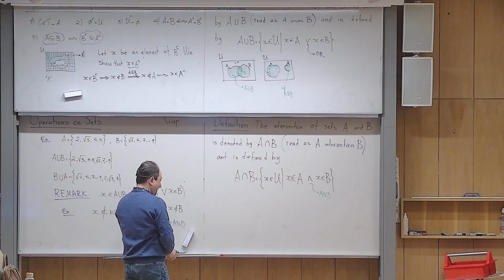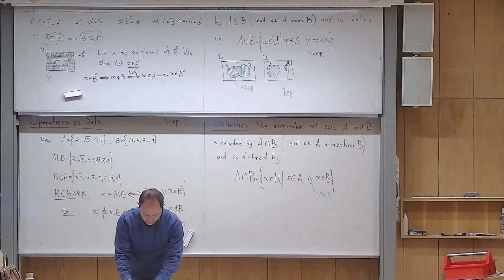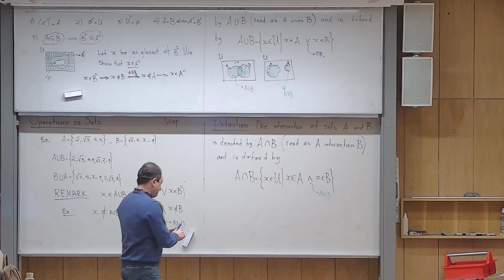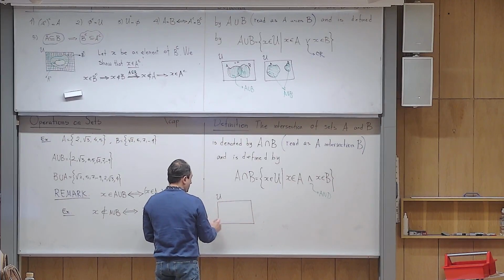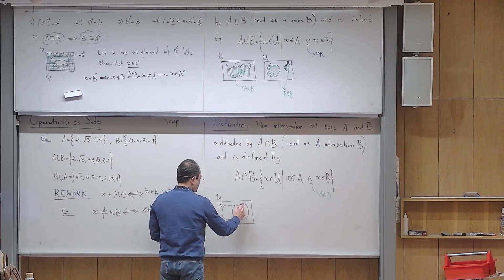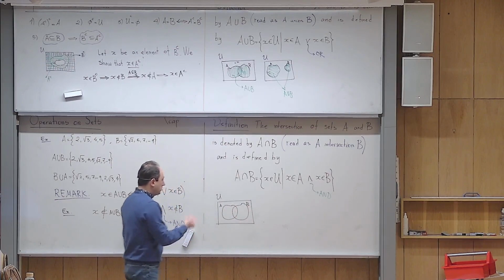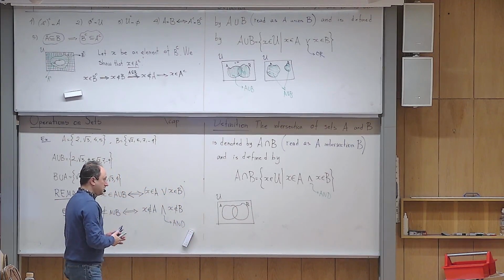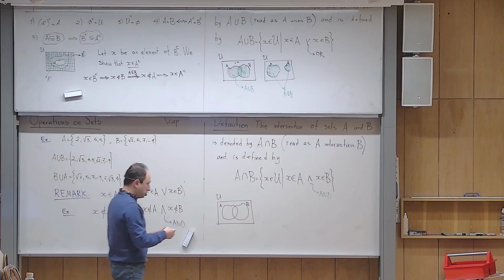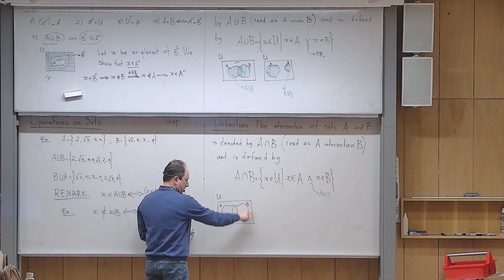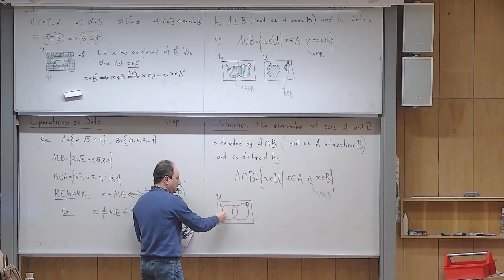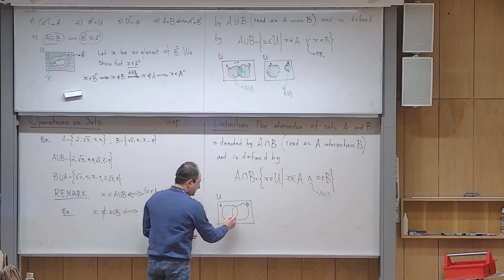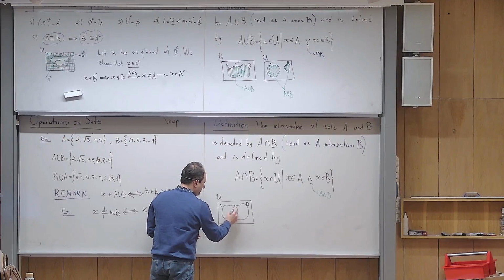So for example, what happens if I have this universal set, and let us assume that here this is my A, and here this is my B. When I ask you to color the region which represents A intersection B, it means that I am interested in all those points in this rectangle which simultaneously lie in A and in B. So this is clear that this is the only acceptable part.